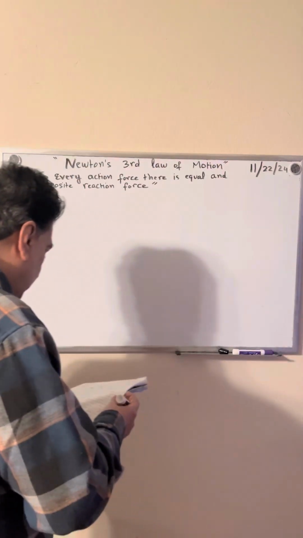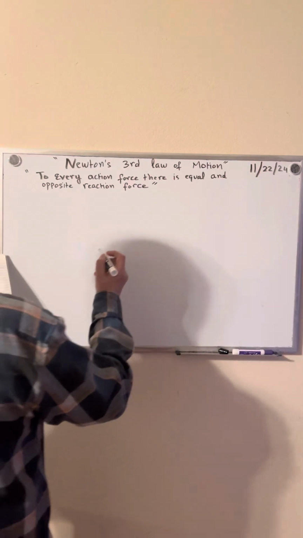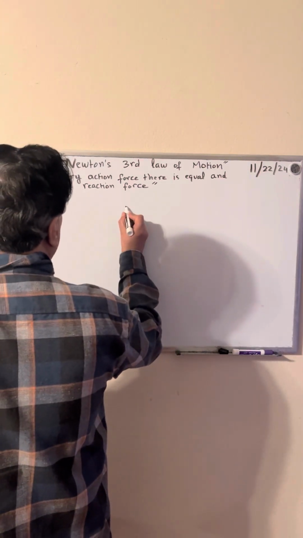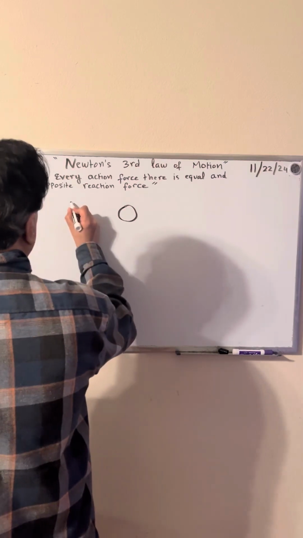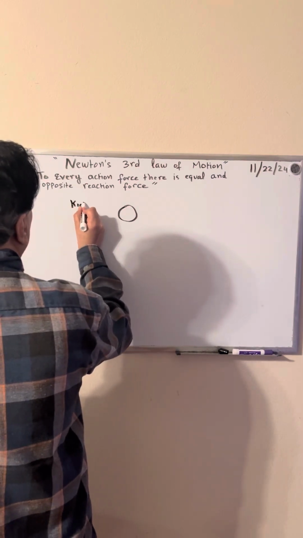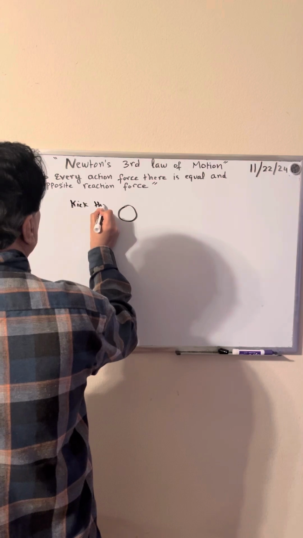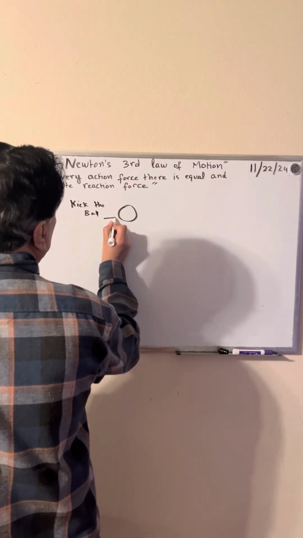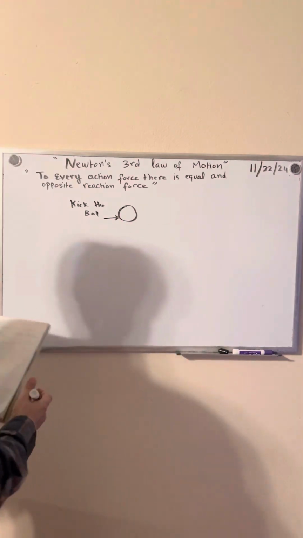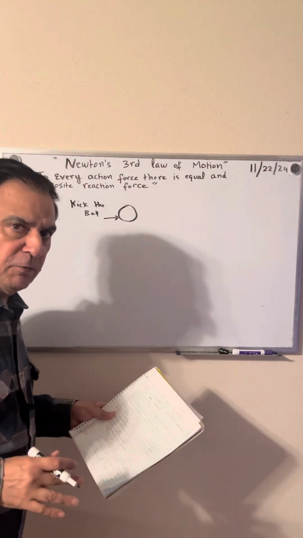So let's look at an example right here. Let's say you have a ball, maybe a soccer ball, and I kick the ball in this direction. So I'm kicking the ball with my foot with a force.